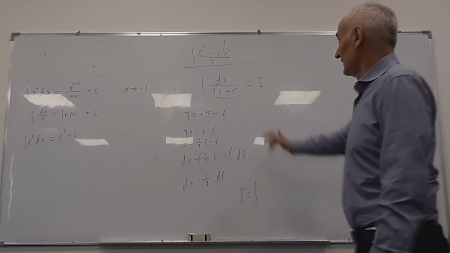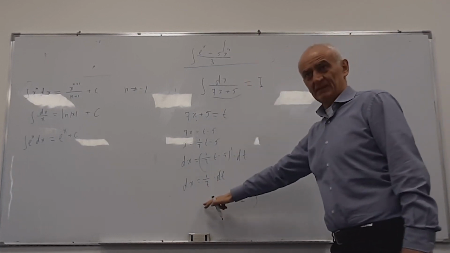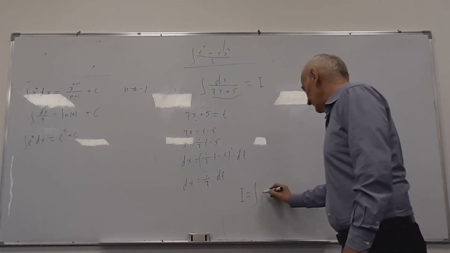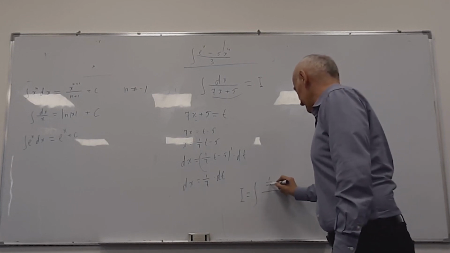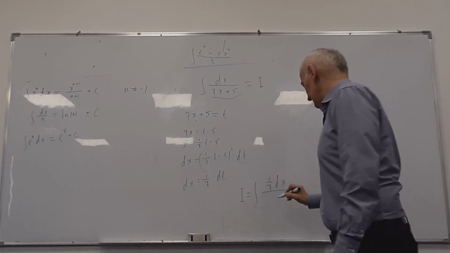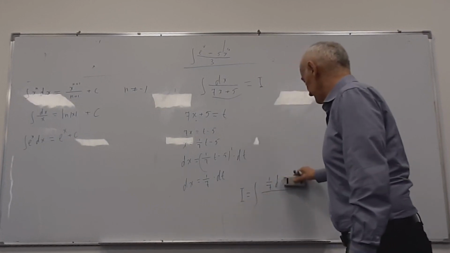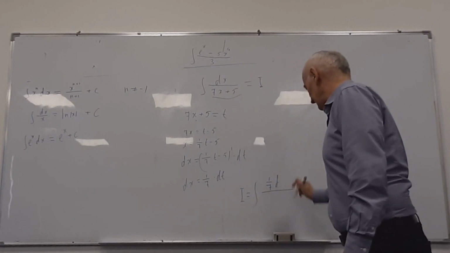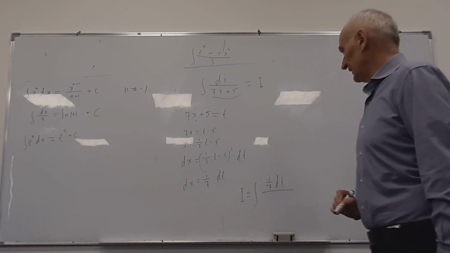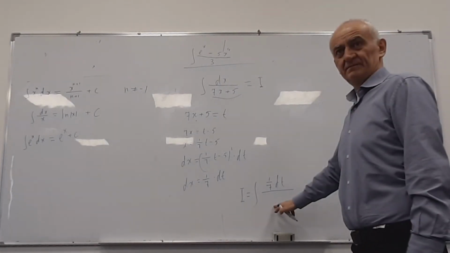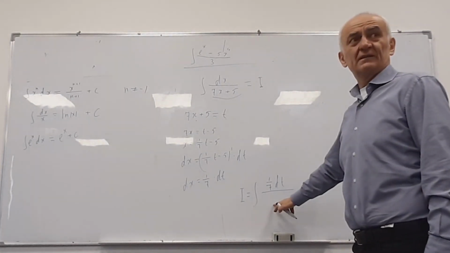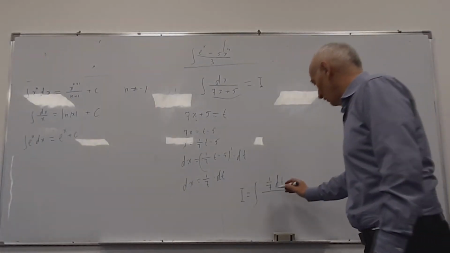The integral, instead of dx, I will put 1 over 7 dt, over t.